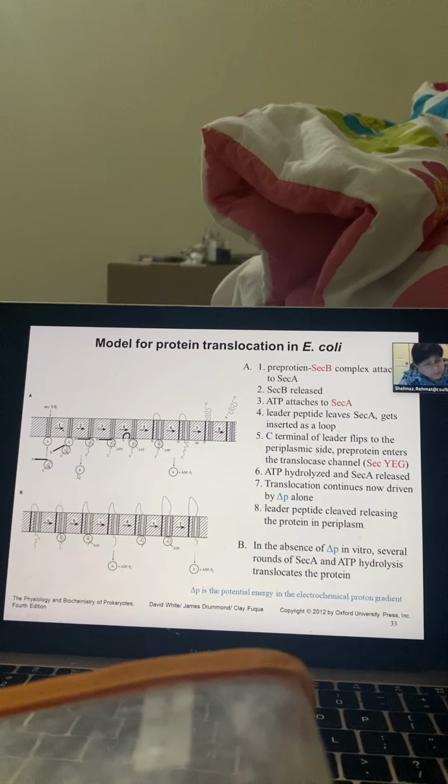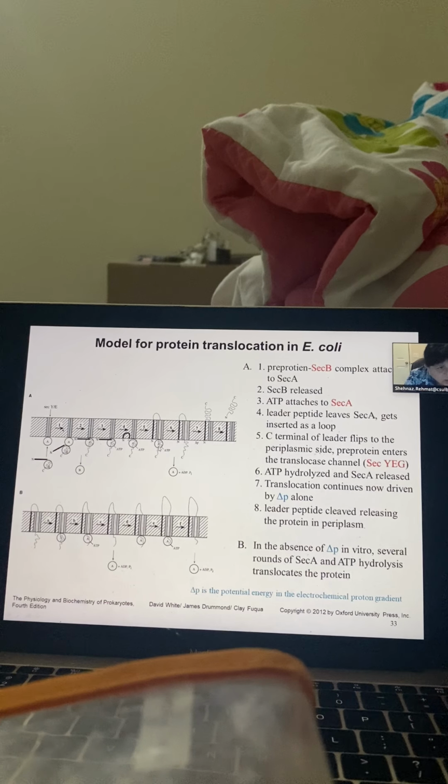At that point, SecB will be released. Now the protein is attached to the ATPase, and then the leader gets inserted by a flipping over, where you can see the leader going across the membrane, and this protein being pulled through so that it goes across.